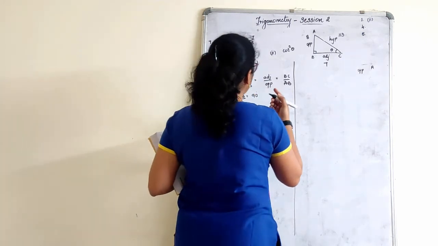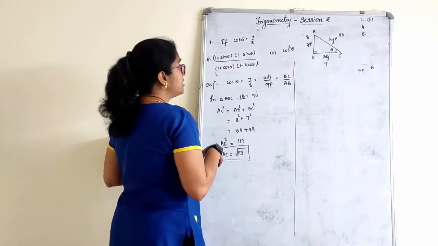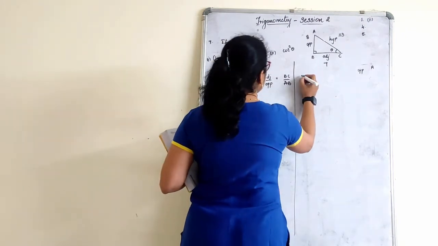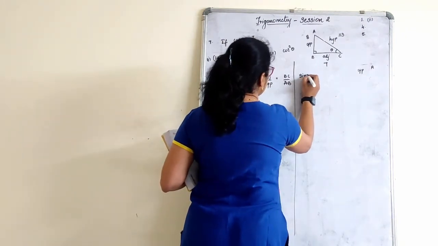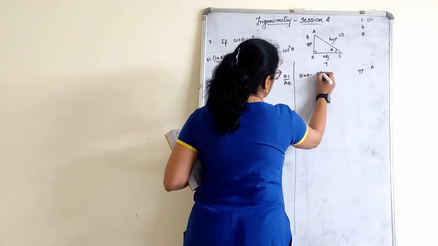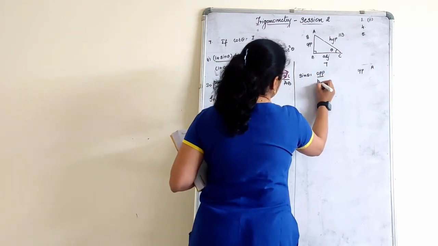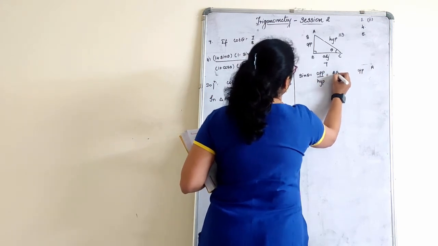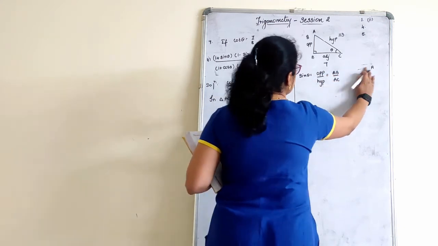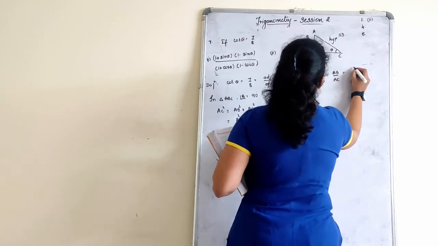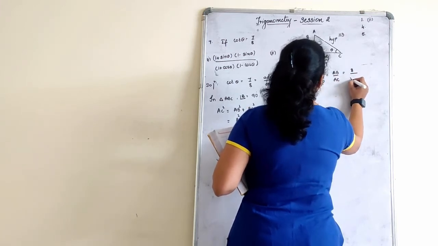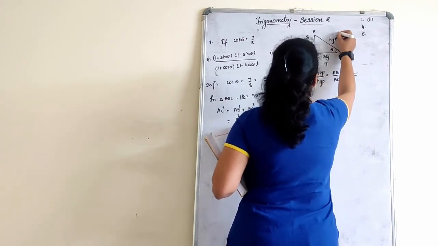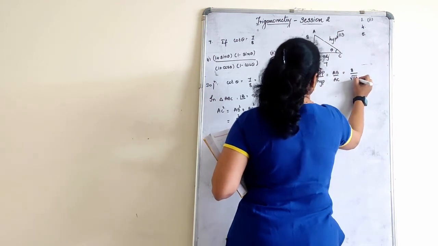Now let's go with the substitution part. First, let us find sine theta and cos theta. Sine theta is equal to opposite upon hypotenuse. Opposite is AB upon AC, which is nothing but 8 upon root 113.